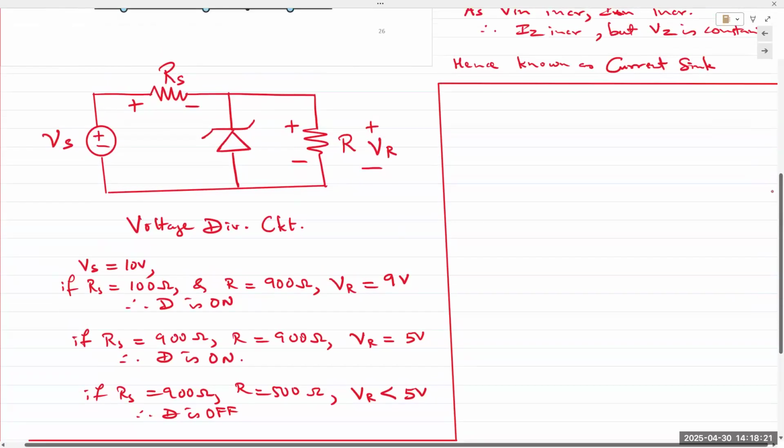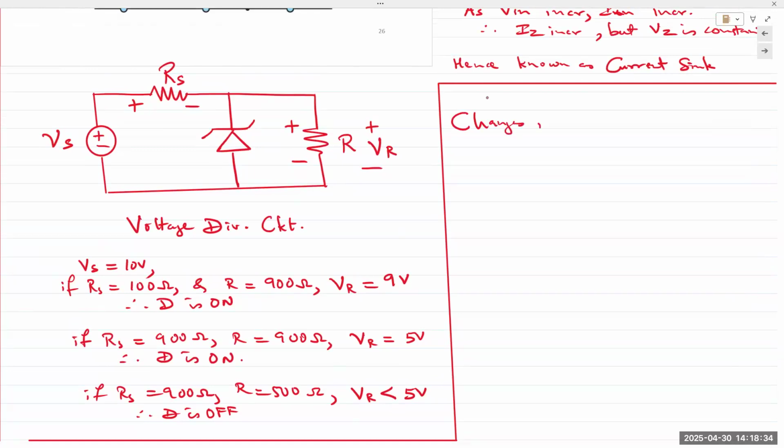All right, so I'm going to go up here. So if there are changes in RL, and the Zener diode regulates the output voltage to be constant, then that process is known as load regulation.